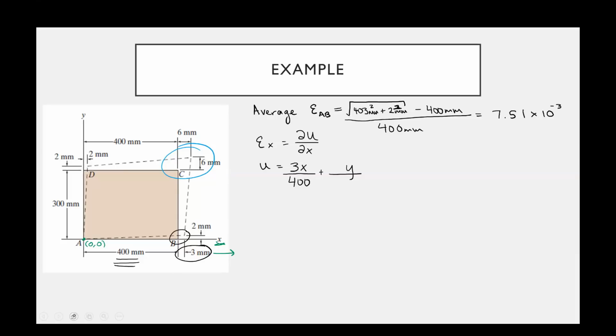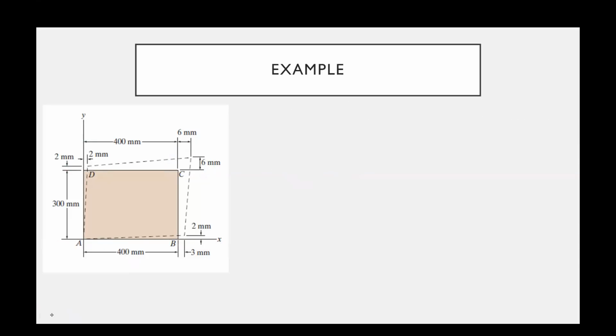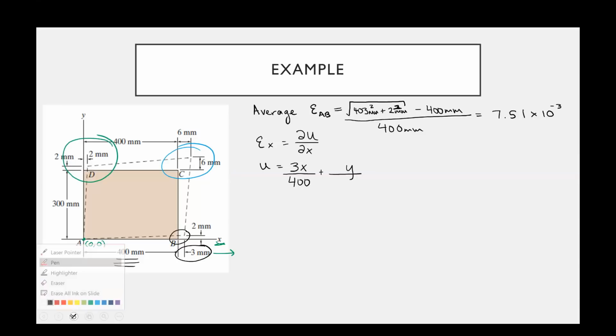So when X is 0, the first term goes away, and perhaps this second term could exclusively satisfy our equation. So we look at this point D, where X is 0 and Y is 300, and at that point we would like to have a displacement of 2, a horizontal displacement of 2. So 2Y over 300 will give us that.